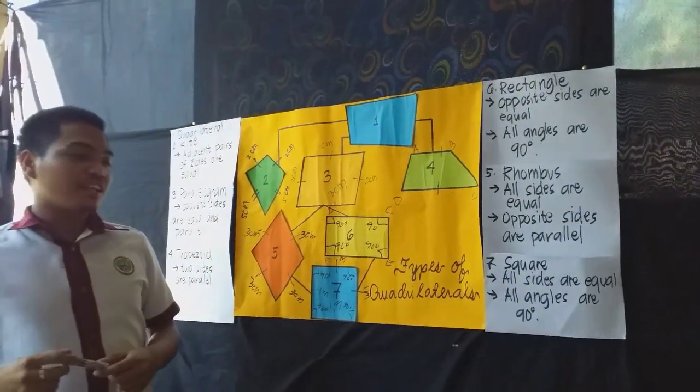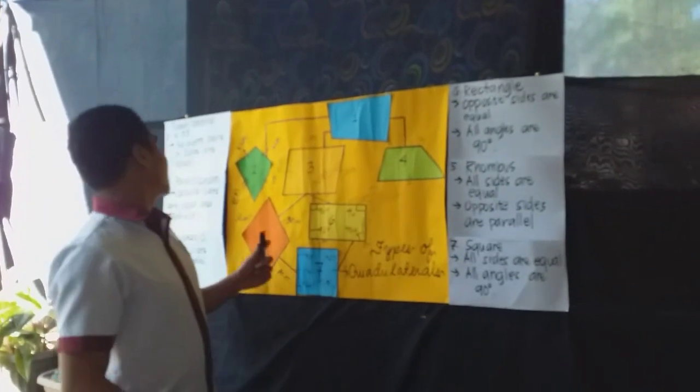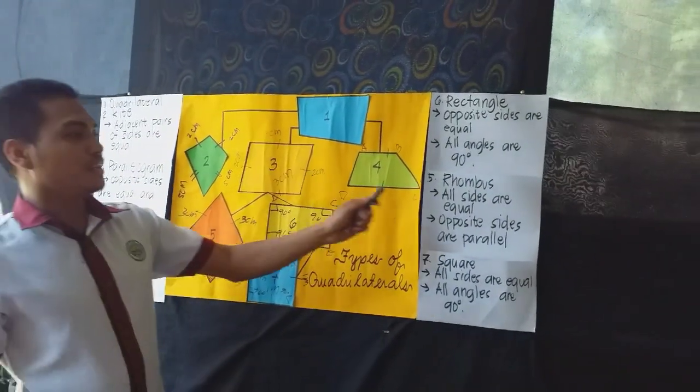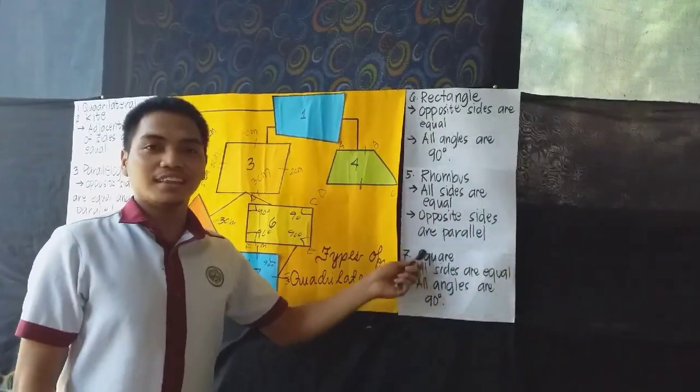So that is all the types of quadrilateral: the kite, parallelogram, trapezoid, rhombus, rectangle, and the square.